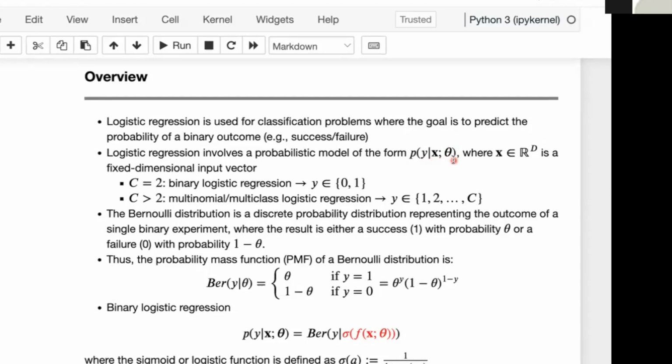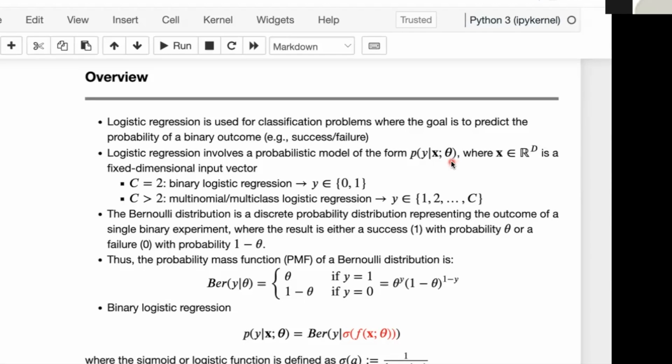Sometimes we use W, sometimes we use theta, depending on the context. But what really matters is that all of these are basically containers for the unknowns that we have to find for our model to work properly.